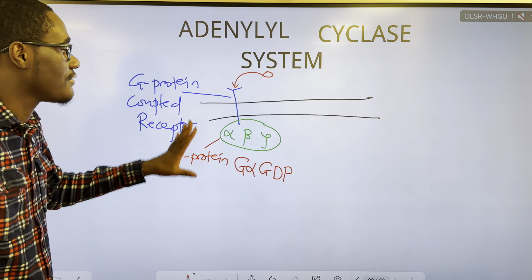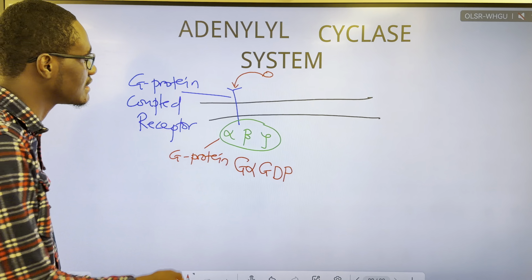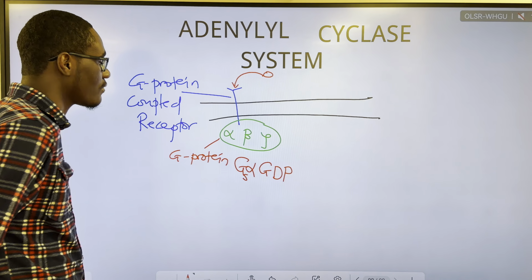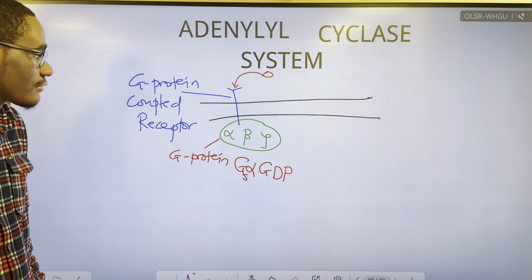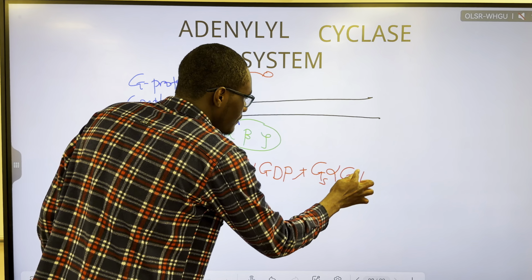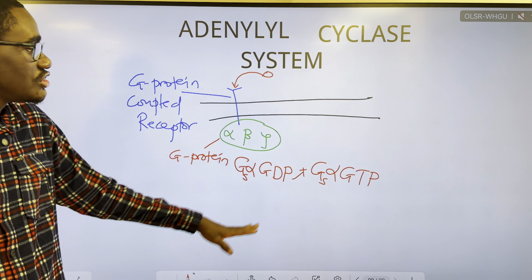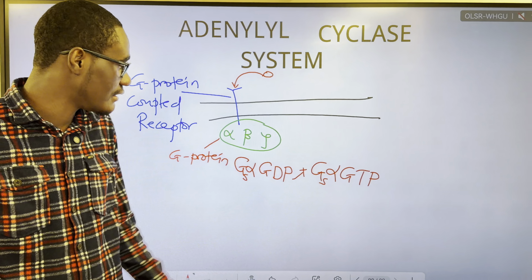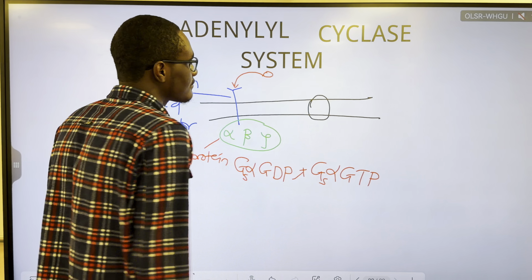Remember, this one naturally is a stimulatory G-protein. That's what we represent as GS protein. The binding of the signal is going to lead to the phosphorylation of this into GS-alpha, GTP. So the GS-alpha, GTP that has been formed is going to go to what we call adenylyl cyclase.